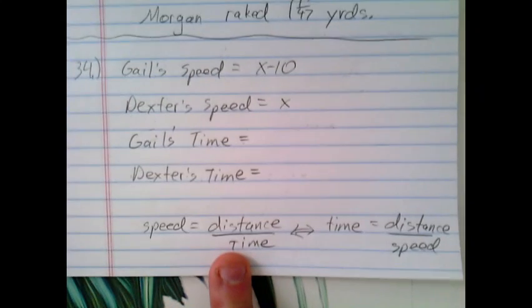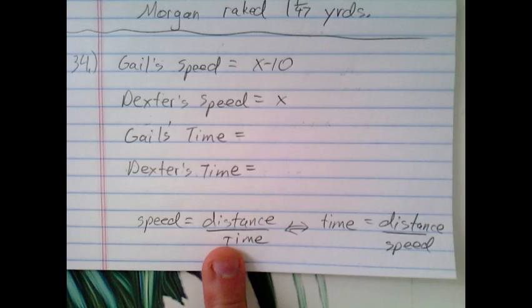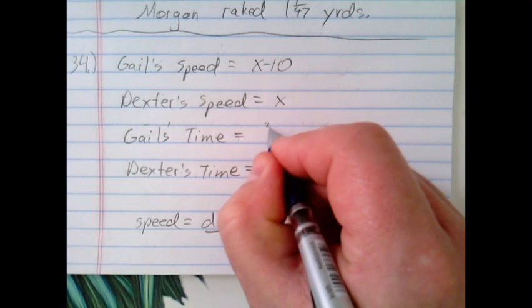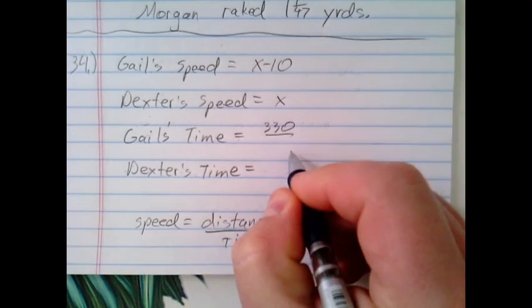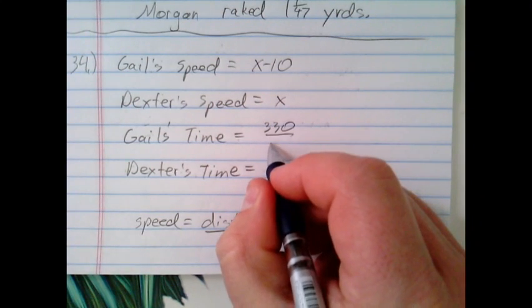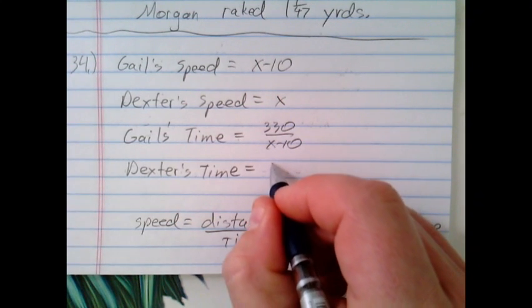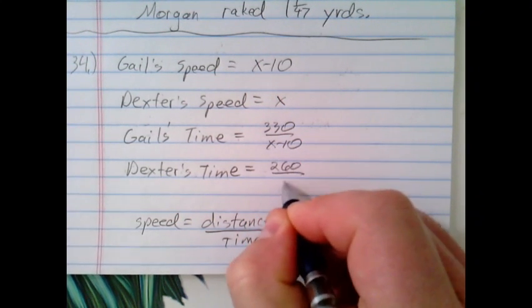So here's how I'm going to make use of that. Since time equals distance over speed, I know that Gail's distance was given in the problem as 330, so her time should be her distance over her speed, which was x minus 10. Dexter's time, well, he went 260 miles.